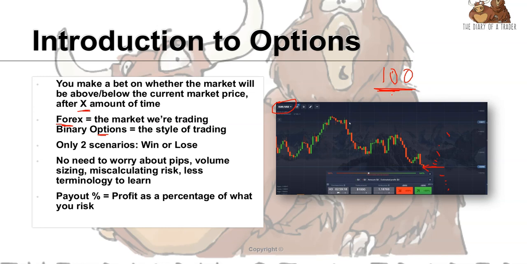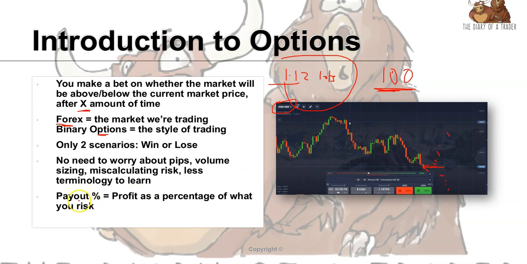Whereas in CFD trading, contract for difference, you will be calculating lot sizes, and you will need to know the pip value, and the total amount of pips, and therefore calculate your total risk based on that. So it's a simpler, easier method to trade.